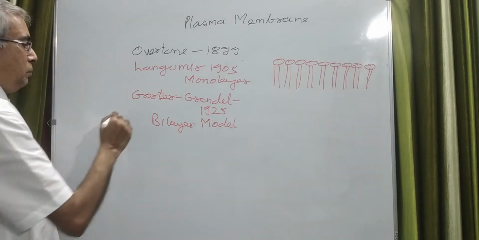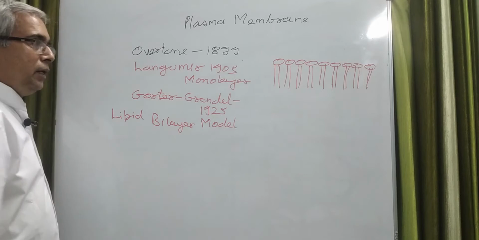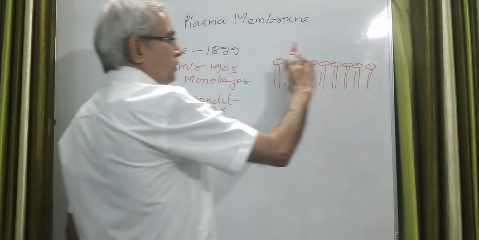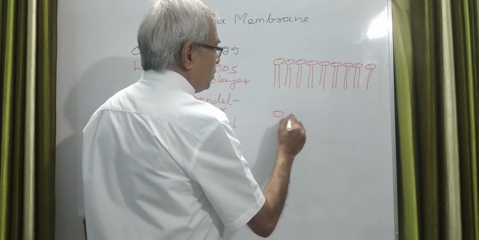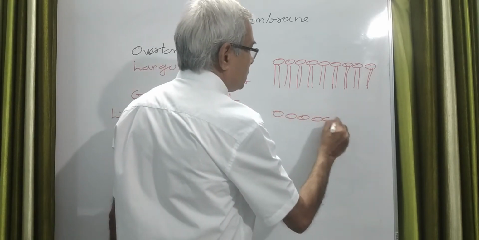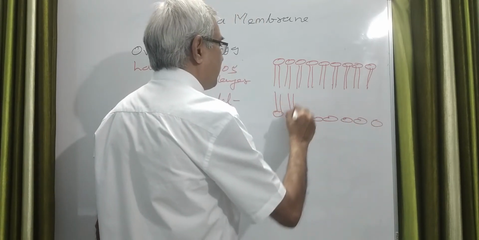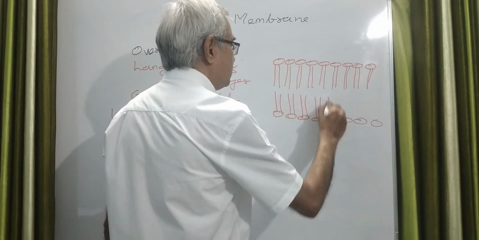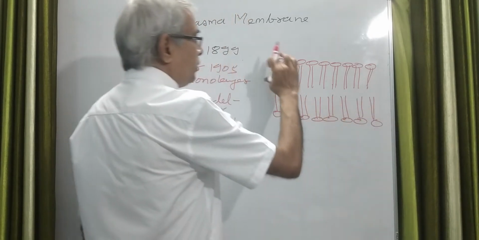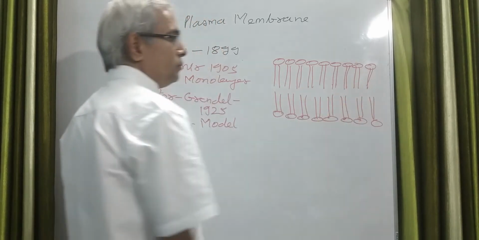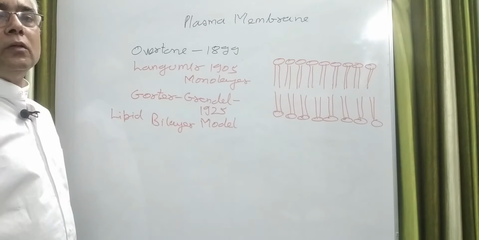Since it is made up of lipid, it is termed the lipid bilayer model. So a similar arrangement of phospholipid molecules was present on the other side. In this way, two monolayers cover the whole cell.